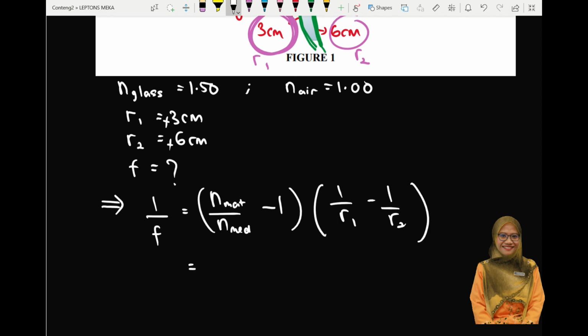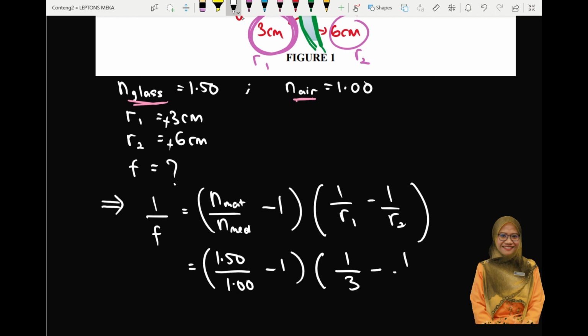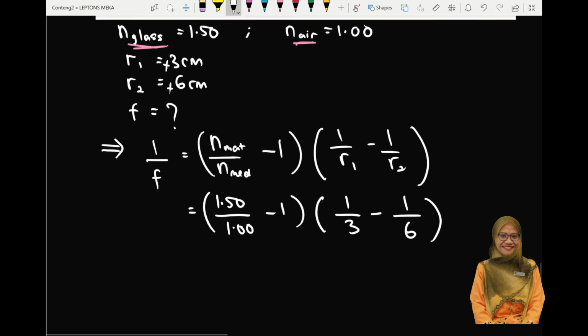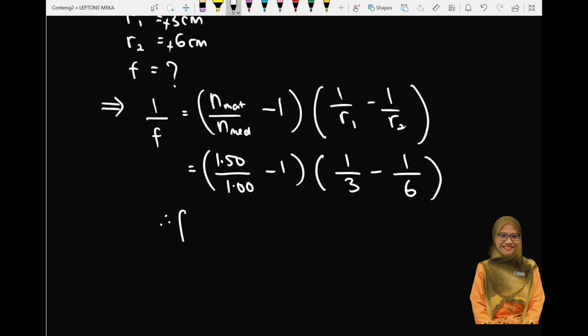And we have all the values. n for the glass is 1.50, and medium we place in the air, so this one is 1.00, minus 1, and 1 over R1 is positive 3 minus, R2 is positive 6. Just use your scientific calculator. Therefore, you can get the value of focal length is positive 12.0 cm.